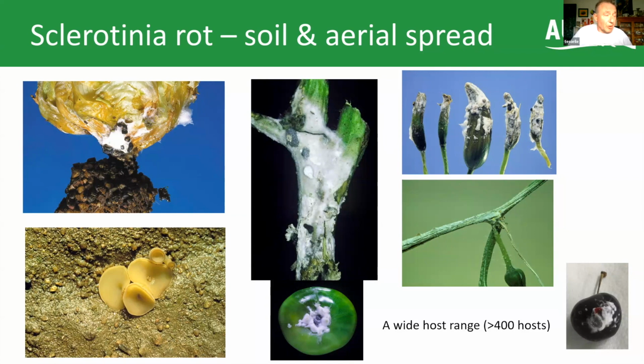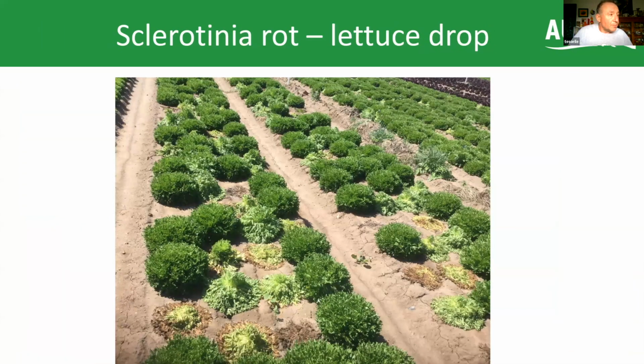The cucumber on the top right, a fruit infection, and also just below it, a stem infection. And you can see at the bottom there's a tomato which is infected, and over on the right-hand side, a cherry infected. So a wide host range, over 400 hosts. Over on the bottom left, you can see that mushroom-like structure, and I'll talk a little bit about that in the next couple of slides.